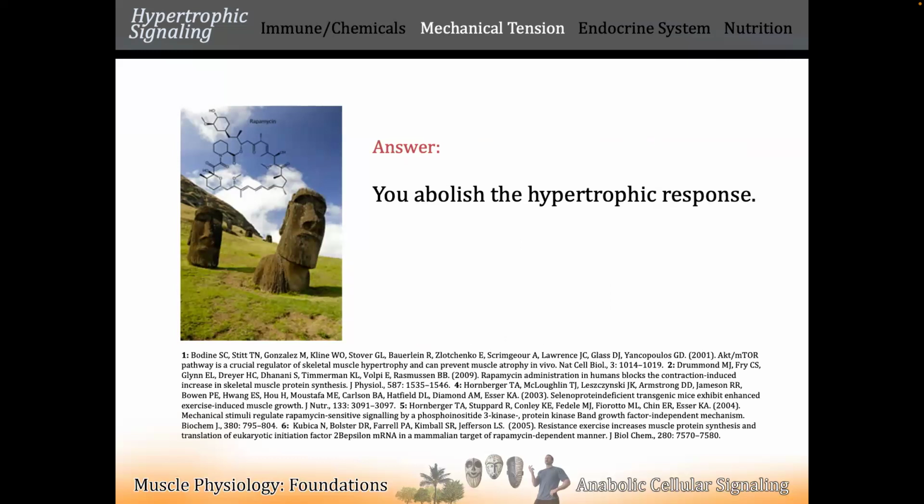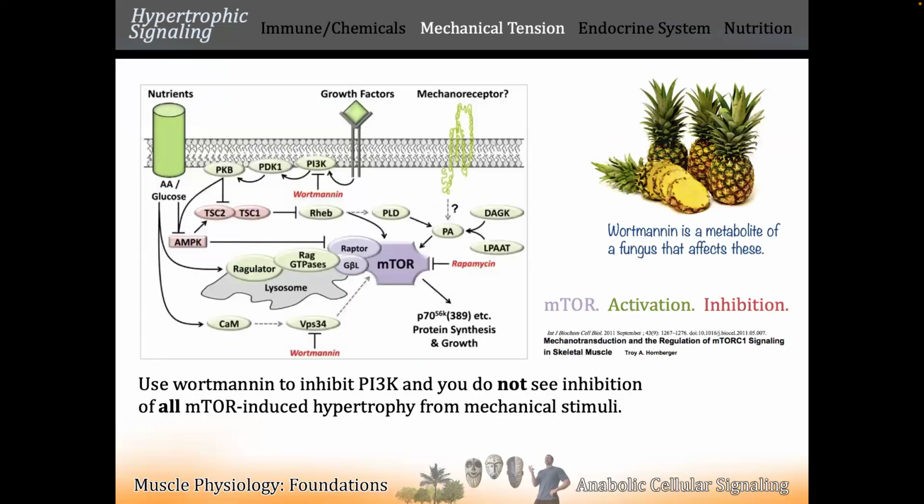Wortmannin, though, this is a PI3K inhibitor, phosphatidylinositol 3 kinase, right? It converts PIP2 to PIP3. And Wortmannin inhibits it. So if you take it, mTOR signaling by most pathways, not all, but most pathways, is blocked.